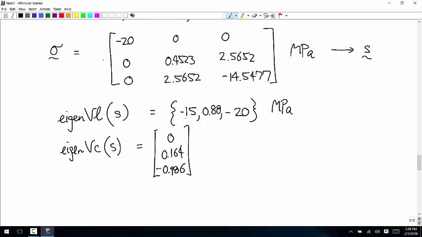That corresponds to this eigenvalue. The second column is 0, negative 0.986, negative 0.164.